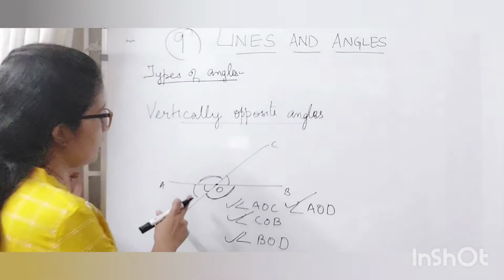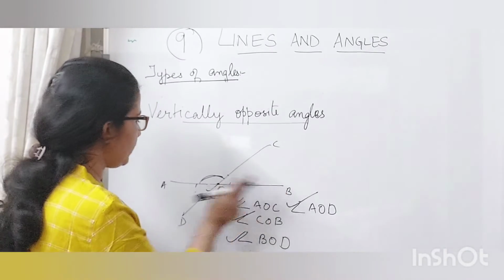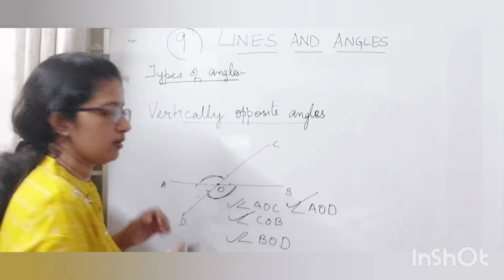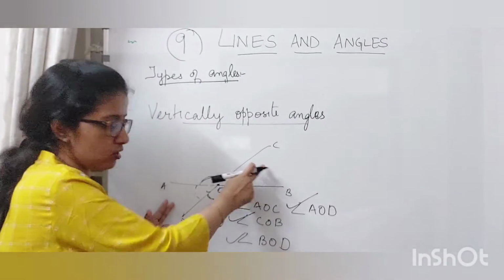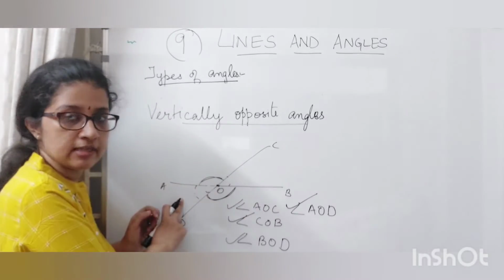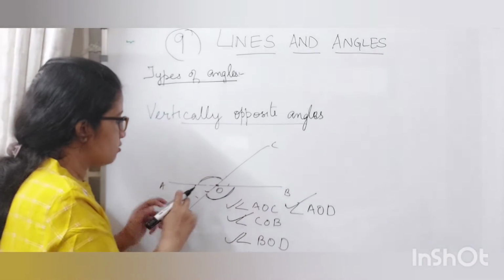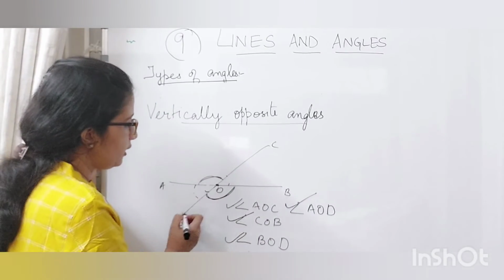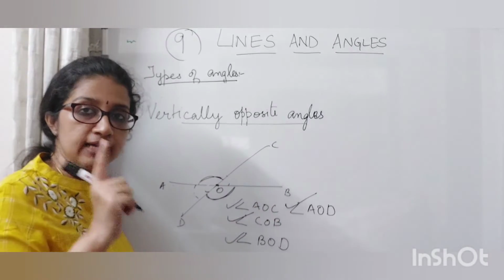What are the pairs? The first one is angle COB and angle AOD. So they are on the opposite sides of the vertex, right? They are on the opposite sides of the vertex. So they are said to be vertically opposite. So AOD and COB are one pair of vertically opposite angles.